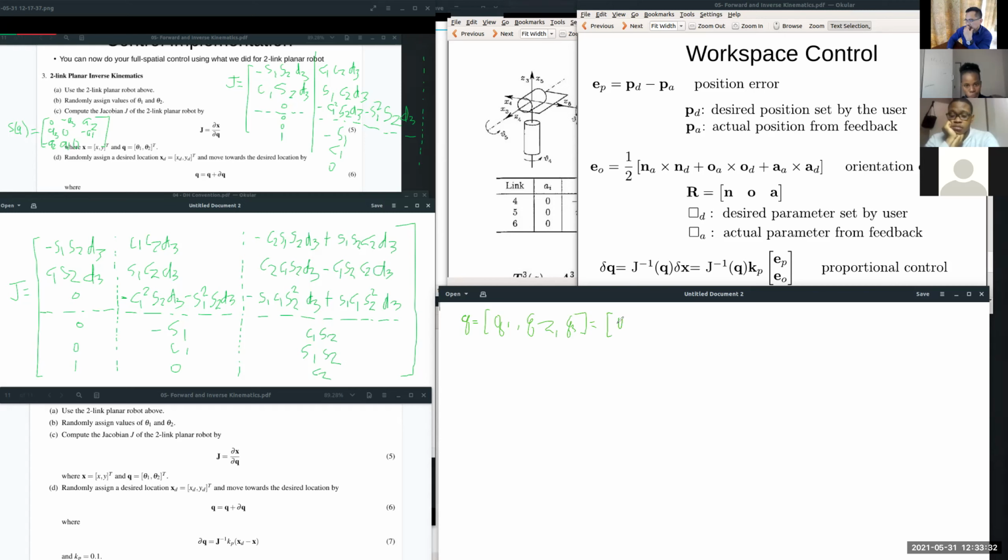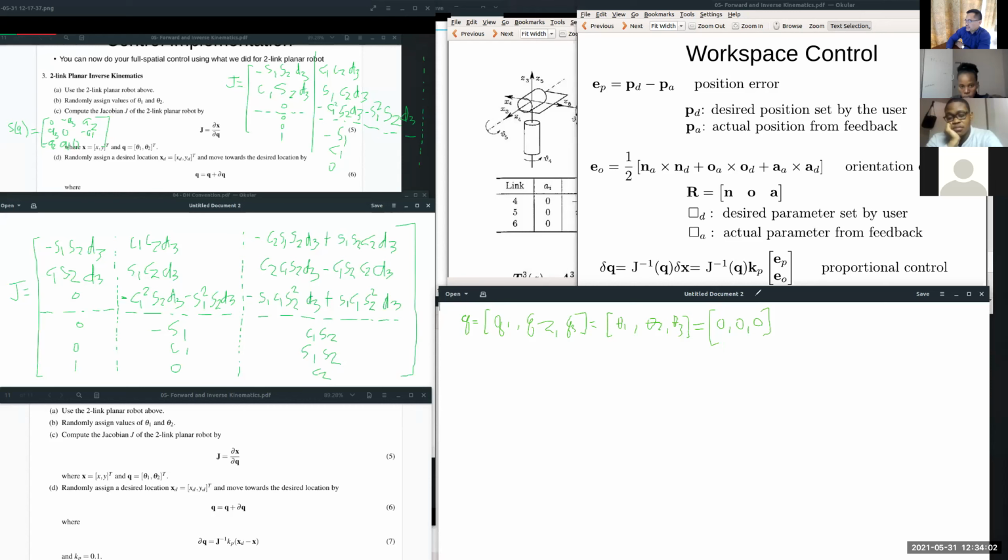So now we initialize. Let's say, just for easy discussion, we put our initial values at 0.